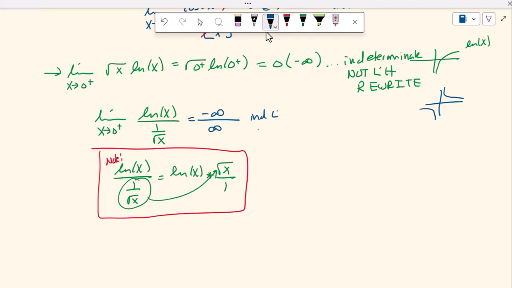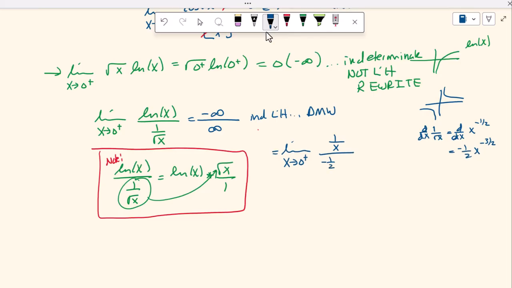So this is indeterminate L'Hopital's, which means to do more work. As x approaches 0 from the right, the derivative of the natural log of x is 1 over x. And then the derivative of 1 over square root of x is the derivative of x to the negative 1/2, so this is negative 1/2 x to the negative 3/2.